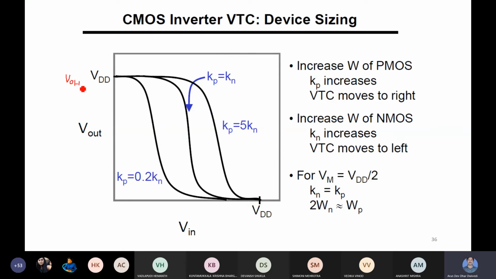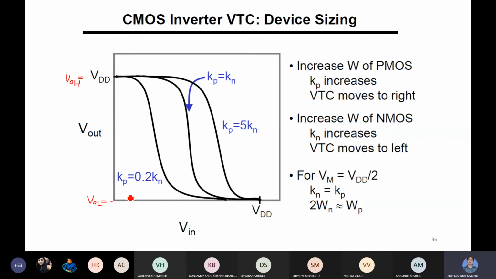You are getting the same value of VOH as VDD, and here VOL is at 0. So our logic 0 is here, 0 ground.